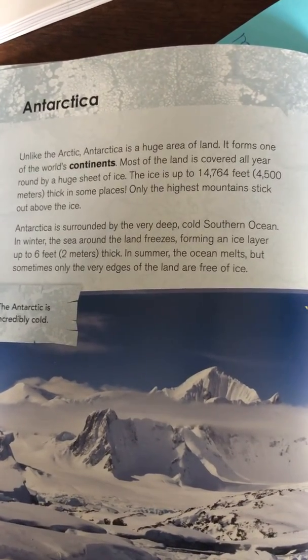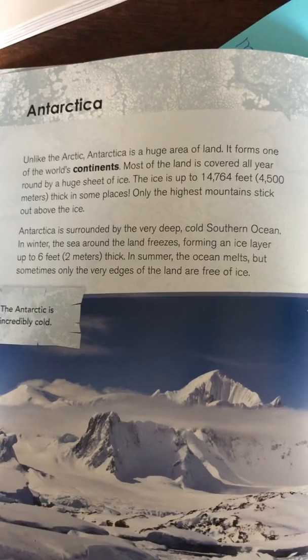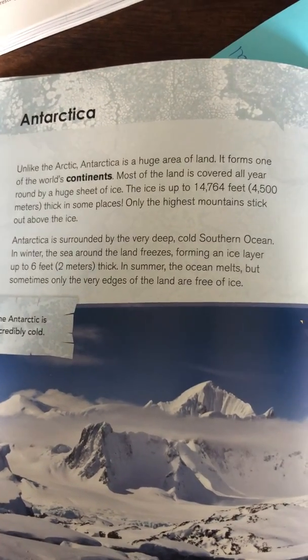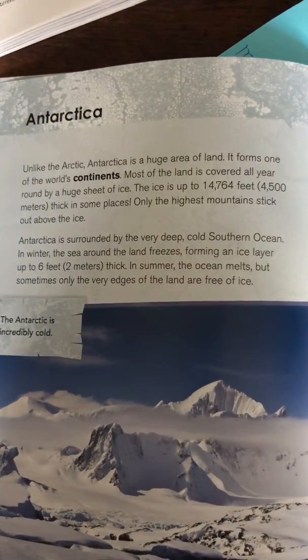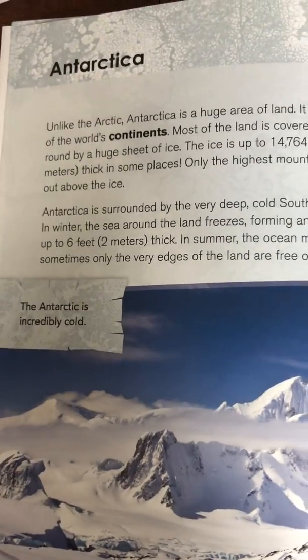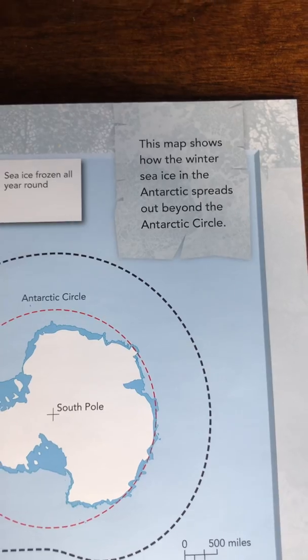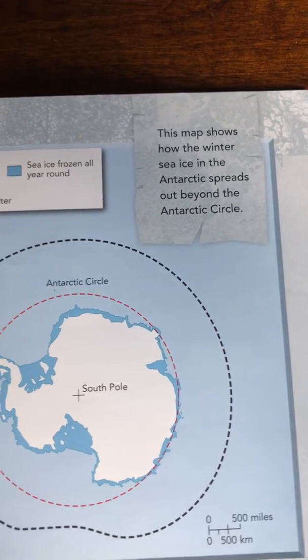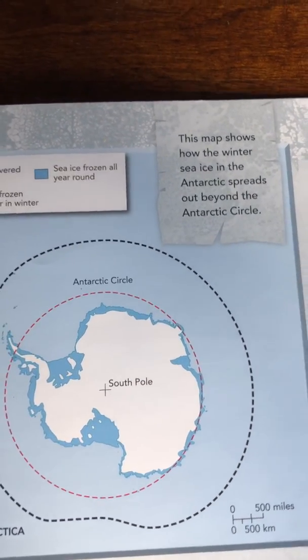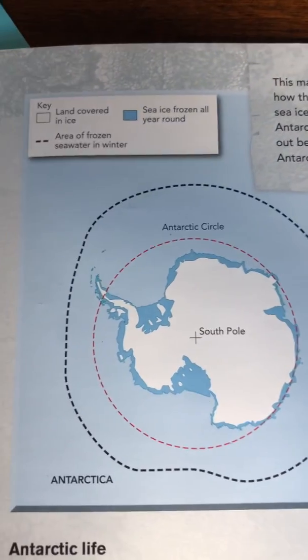In summer, the ocean melts, but sometimes only the very edges of land are free of ice. The Antarctic is incredibly cold. The map shows how the winter sea ice in the Antarctic spreads out beyond the Antarctic Circle.